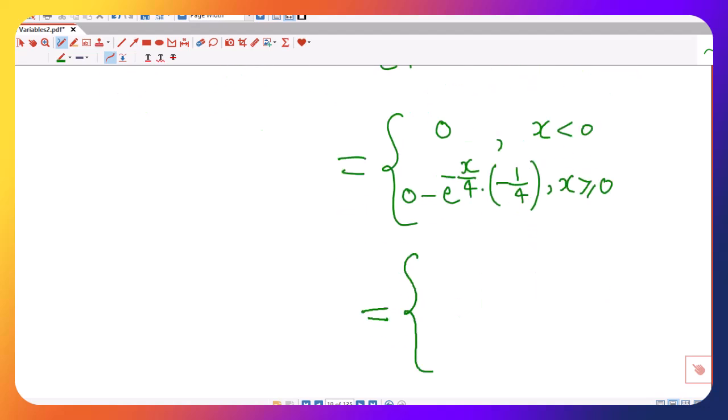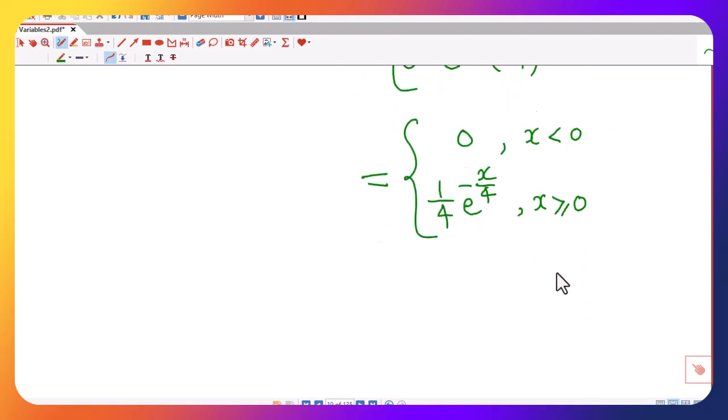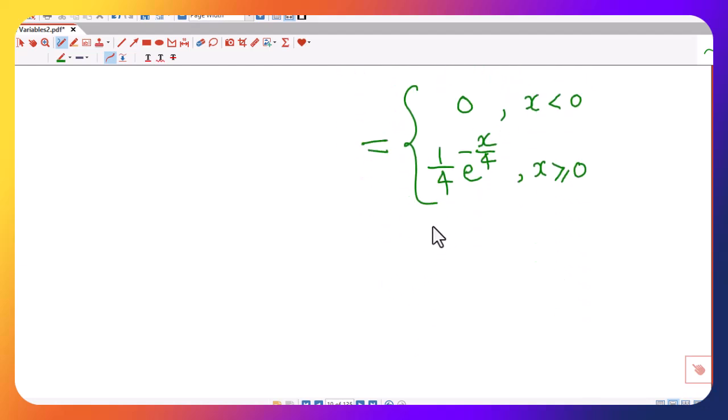And this is 0 if x is negative, and here negative negative is positive, and we have 1 by 4 e raised to minus x by 4 if x is greater than or equal to 0. So we can see that the derivative of f(x) is non-negative, and therefore f(x) is non-decreasing.